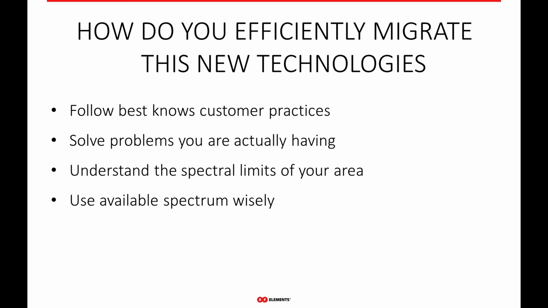So understanding what frequencies are available, what frequencies are usable, and what frequencies will be usable if you go to horns. These scenarios are important to understand to make for a more efficient migration into your network from traditional sectors.